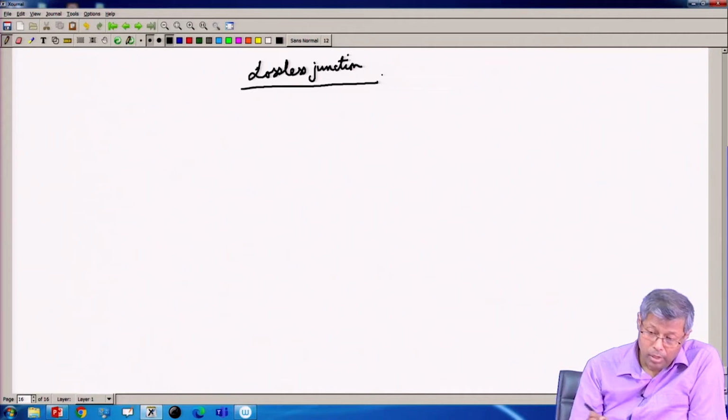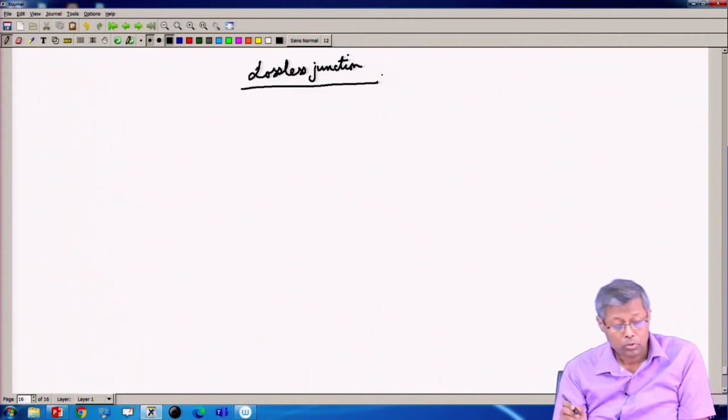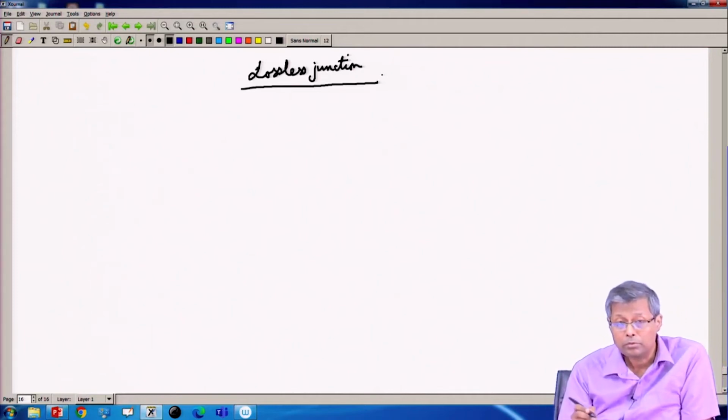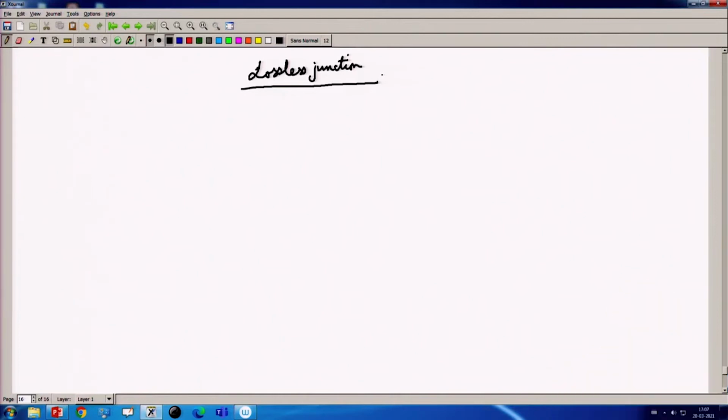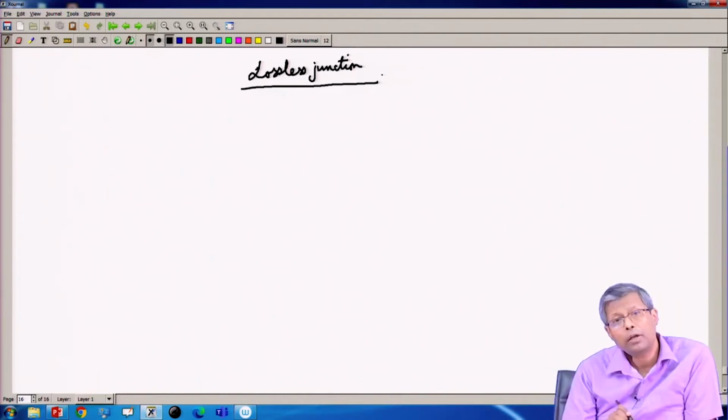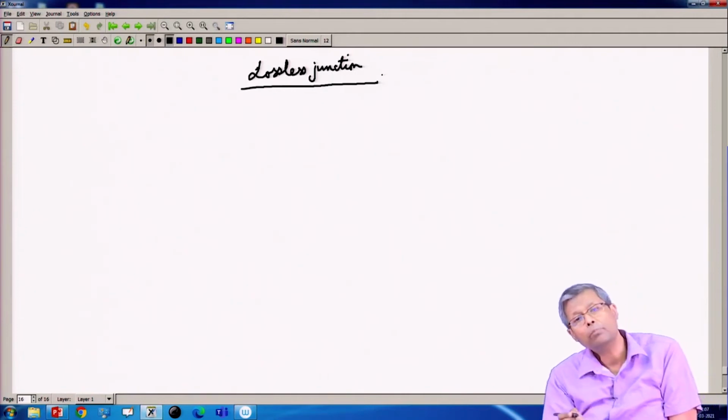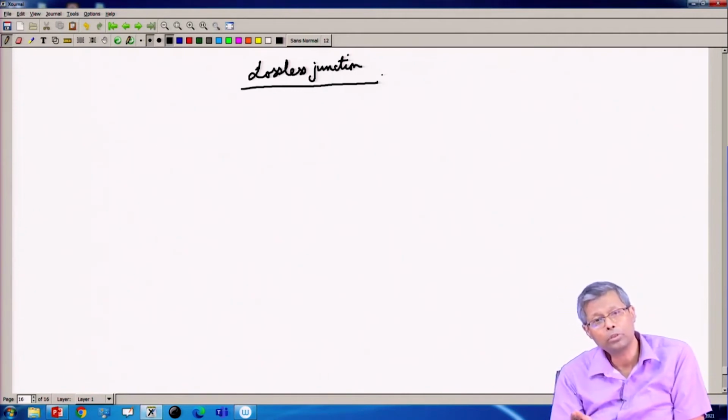How? Let us see. So, for the lossless junction, we can invoke the conditions in equations 5 and 10, which we discussed before. We can apply them for the 2-port network, and let us see where we come to after we apply those conditions.